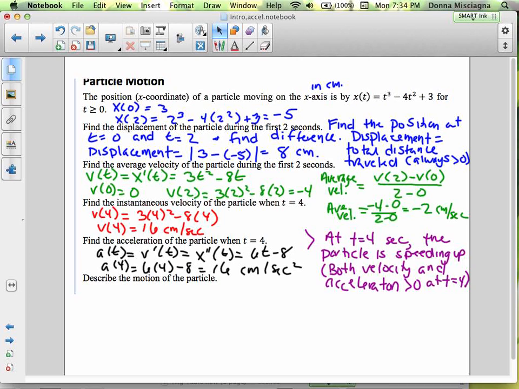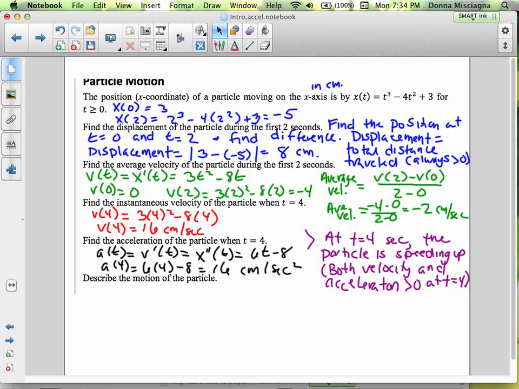If you're asked to describe the motion of the particle, that means to explain it from the beginning onward to the end. Well, this may not end, but to be able to find your critical points for both the velocity curve and the acceleration curve, and be able to explain whether the object is speeding up or slowing down between every one of those critical points.